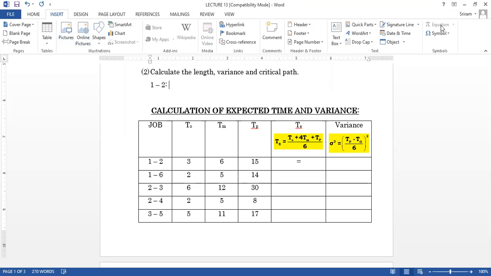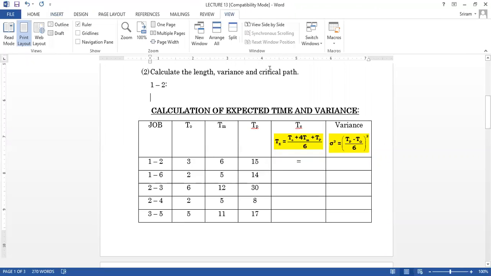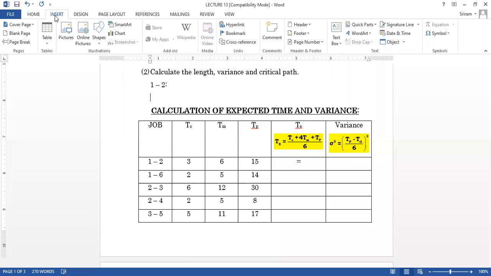Just give me a second, dear, because the equations are not working.